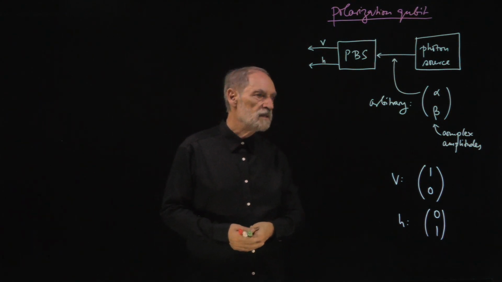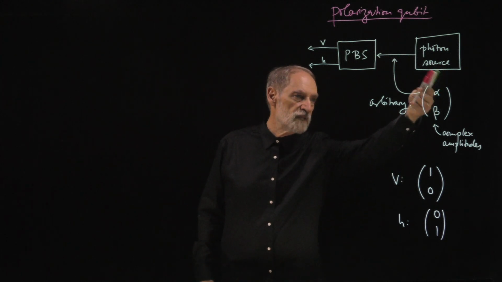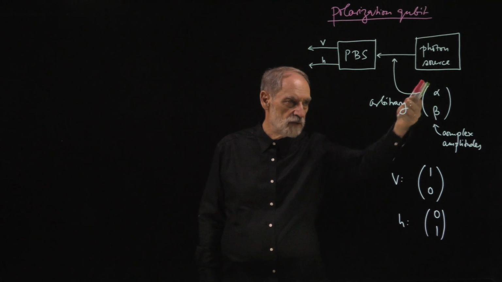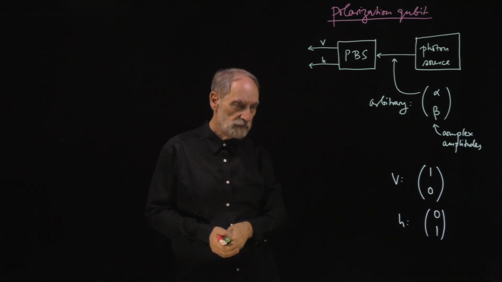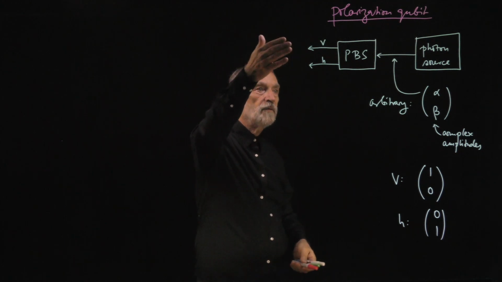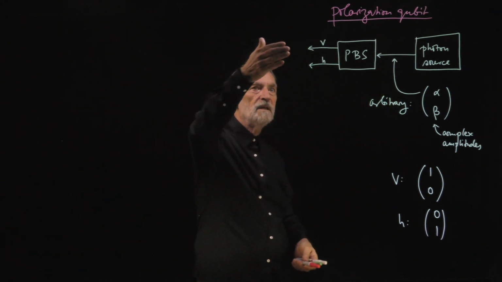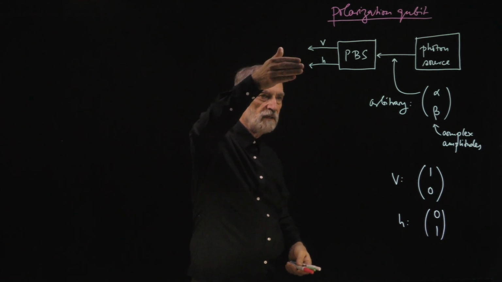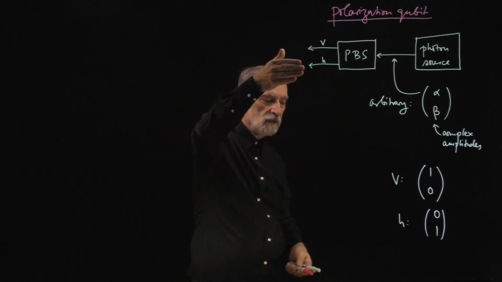Since this is in some sense partially vertically polarized and partially horizontally polarized, there's a certain probability for a photon of this kind ending up in the upper output port and a certain probability for ending up in the lower output port.